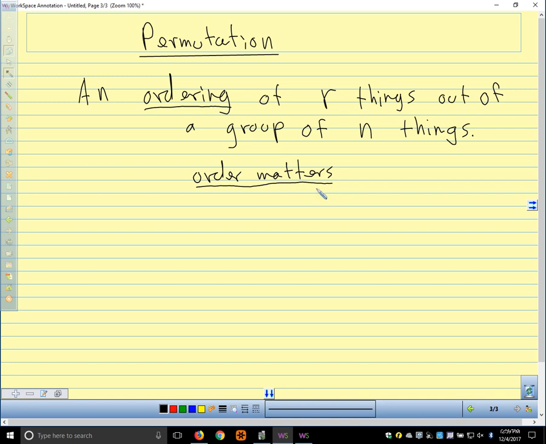The way we calculate a permutation, we write the symbol as NPR, and it is N factorial. That's how many ways that we could arrange all of the big group of things. But we want to divide out the ones that aren't the orders that we're interested in. So we have to divide by N minus R factorial.